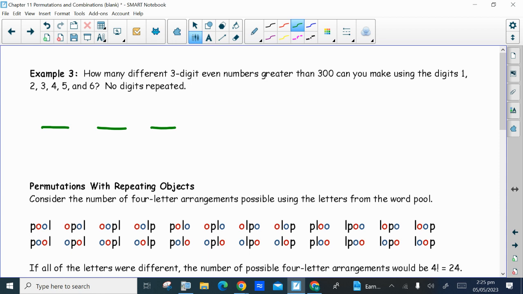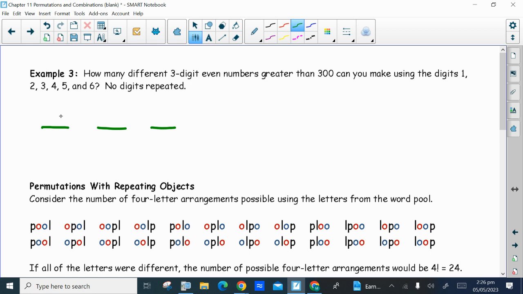However, depending on what digit you put at the end, that's also going to affect the number of choices you have for the first digit. The first digit can be 2, 4, or 6. But if the last digit is a 4, then it can't be used for the first digit.